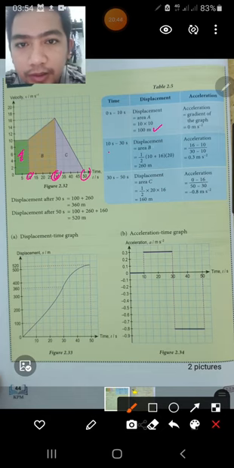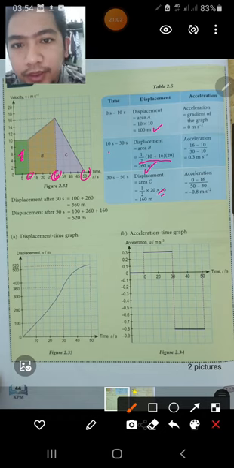So for area B, this is a trapezium. So use the formula of trapezium, then you will get 260 meter. Alright, and section C is a triangle. So you can use the formula of triangle, 1/2 times base times height.